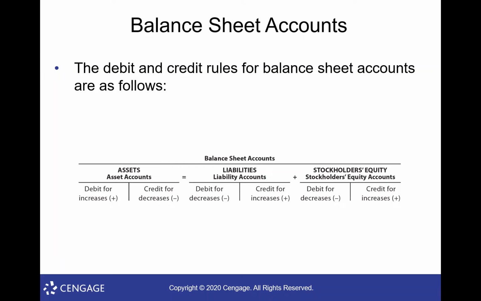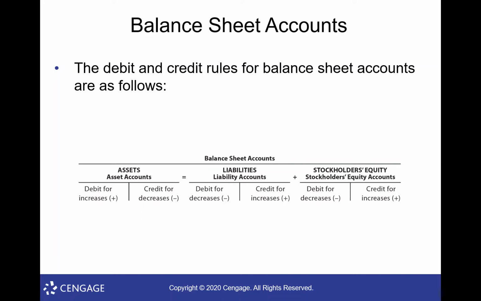All right. So our balance sheet accounts, we call assets, liabilities, and stockholder equity our balance sheet accounts. Why? Because they're summarized on the balance sheet. Does that make sense? That's just a name we give them. So you'll notice that our assets increase with a debit, decrease with a credit, and our liabilities and equity are the opposite. This is something you kind of have to memorize, these rules.